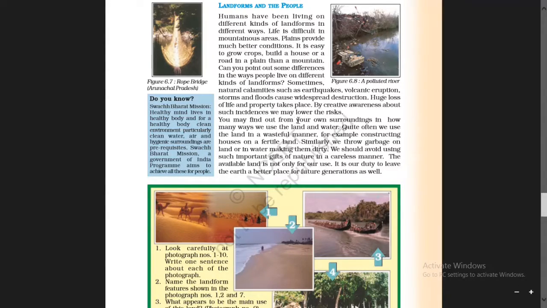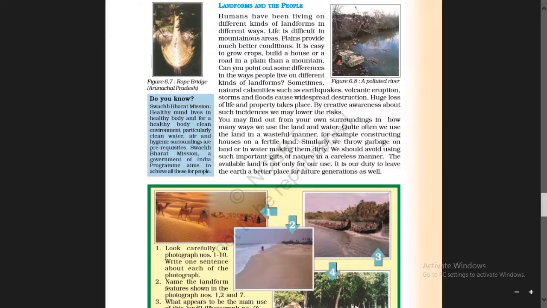You may find out from your own surroundings in how many ways we use the land and water. Quite often we use the land in a wasteful manner. For example, constructing houses on a fertile land.